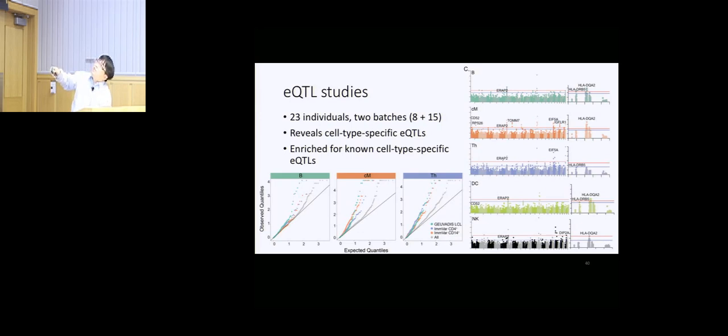CD4 positive ones are T helper cells, so this is more enriched here versus here. And for this one it's the opposite. Sorry, this was not the NK cell. This is the cytotoxic cells, the mononuclear cells, and these orange ones are more enriched here versus here. So this is in line with known cell type specific eQTLs as well.